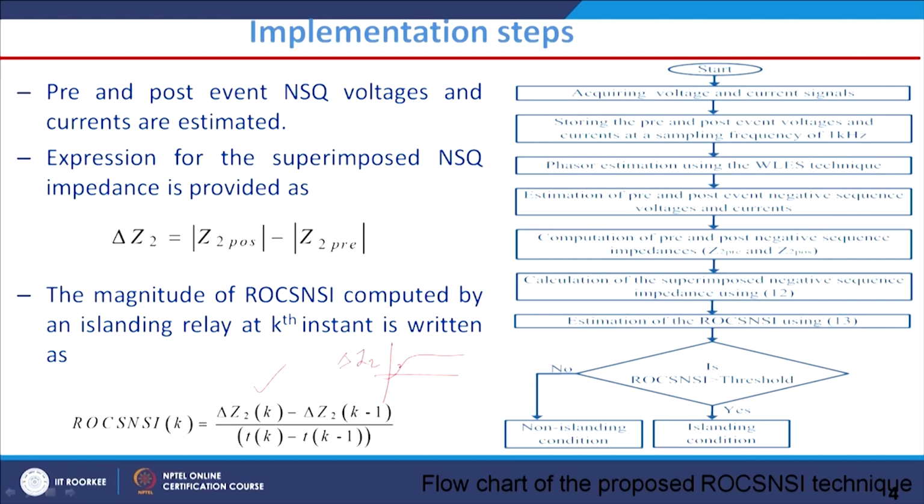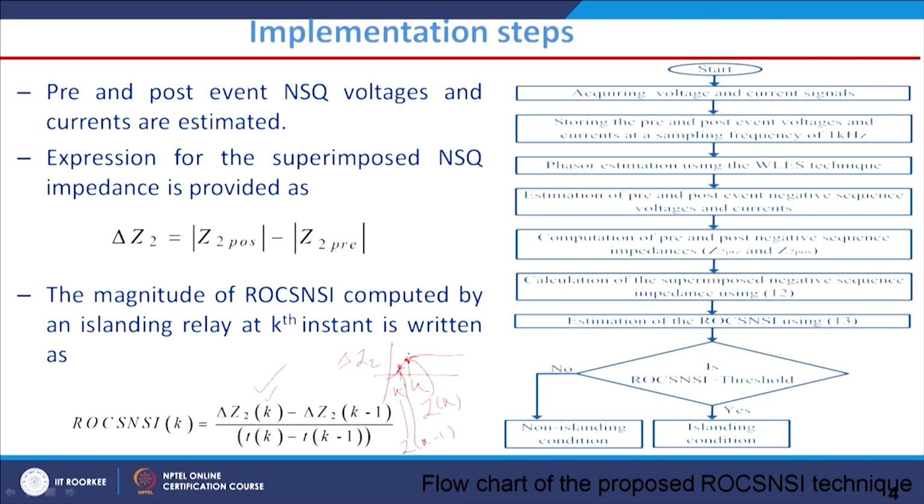We take the rate of change between consecutive samples, consecutive values of this delta z2. This is at the kth instant, and this is for k minus 1. This z k represents this point, and z k minus 1 represents the previous sample.